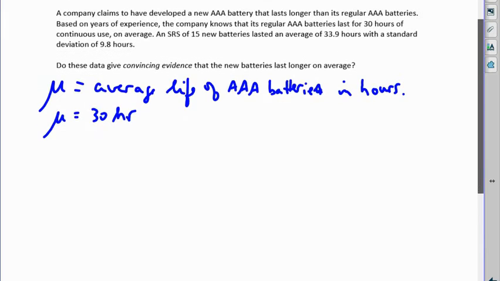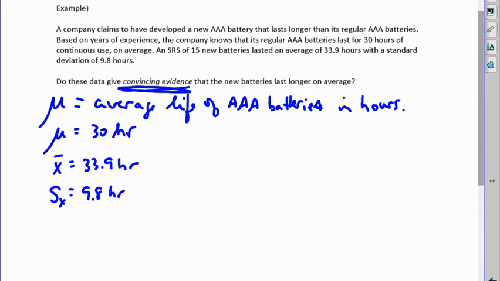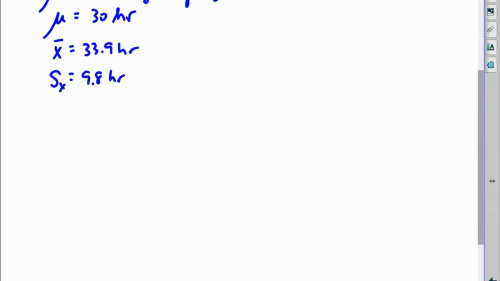But we have the new batteries, and they come out with a sample mean of 33.9 hours with a sample standard deviation of 9.8 hours. And so we're going to see if we can run a one sample t-test for means to see if we have convincing evidence, which means statistical evidence, that these new batteries last longer. Because right now we can't tell if 33.9 is different enough that this is making a difference.